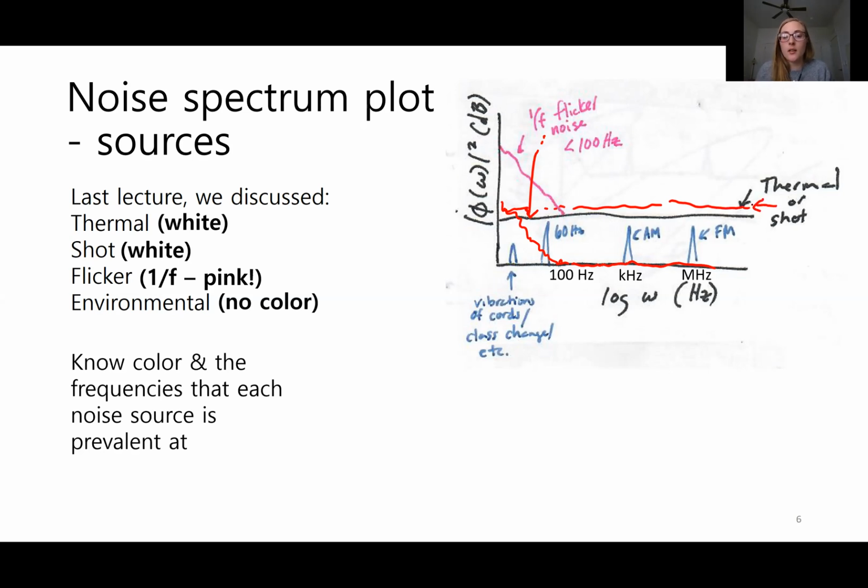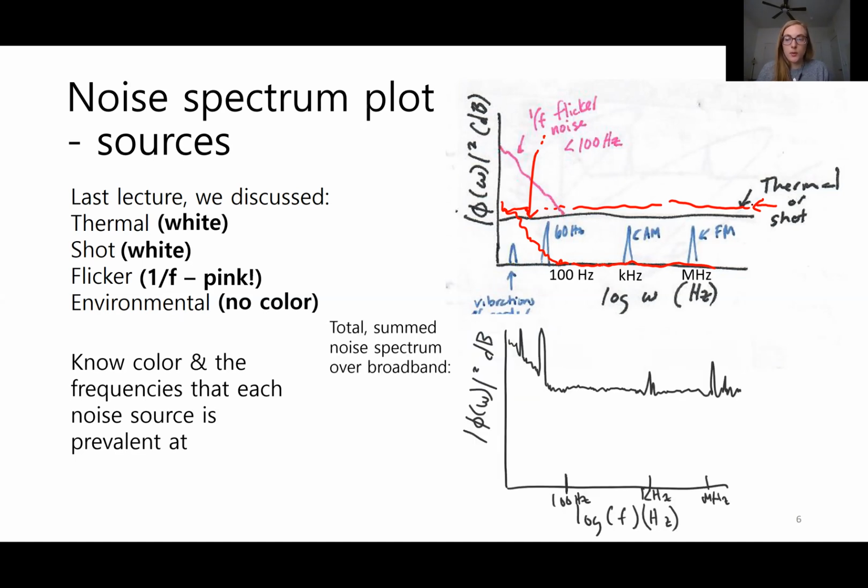So you would add all these noise contributions together and get a total noise plot. This flat contribution would be the thermal plus the shot noise. We have the flicker noise below 100 hertz, and then you have your environmental noise shown as those peaks.